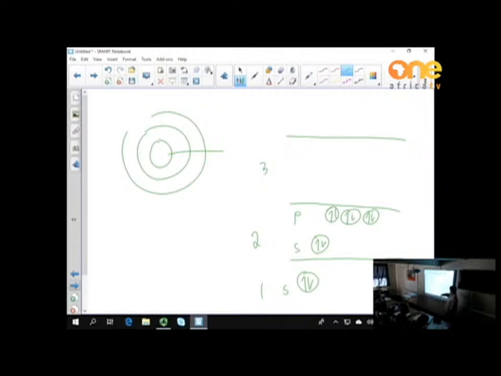All right? Then we said the third energy level has got an S, 3 Ps, and 5 D sublevels. So it's S, P, D. And once again, the electrons just carry on. It first goes there and there, then it goes there, then it will pair off.